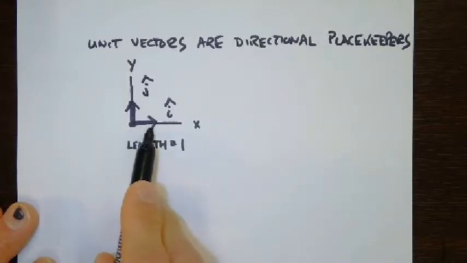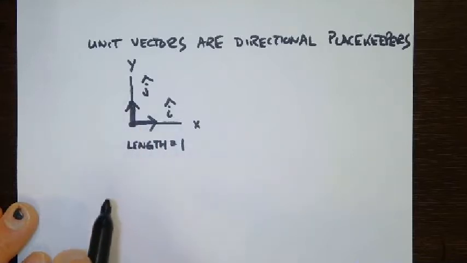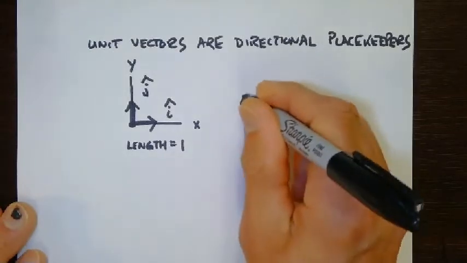So the I hat vector always points to the right. The j hat vector always points up. And really, their magnitudes don't matter much. And so we make the magnitudes 1 so that we can use those vectors to represent other vectors in terms of them. Okay, I will show some examples here.